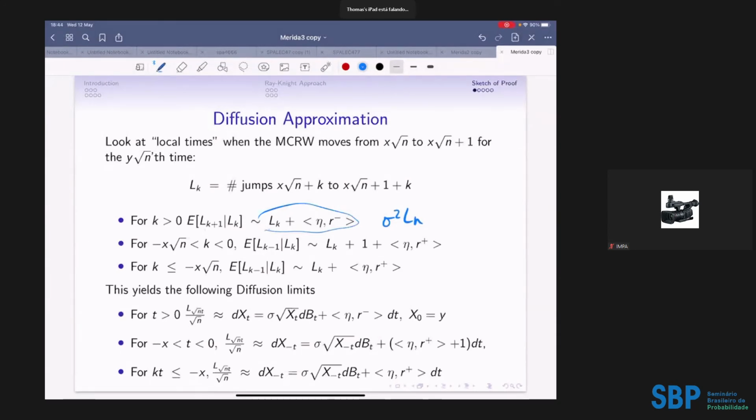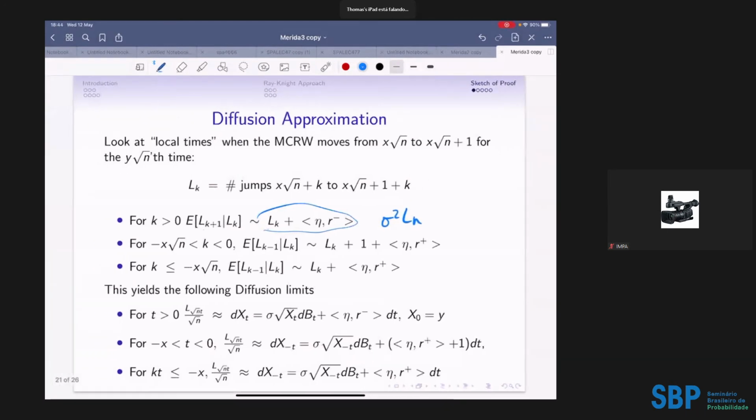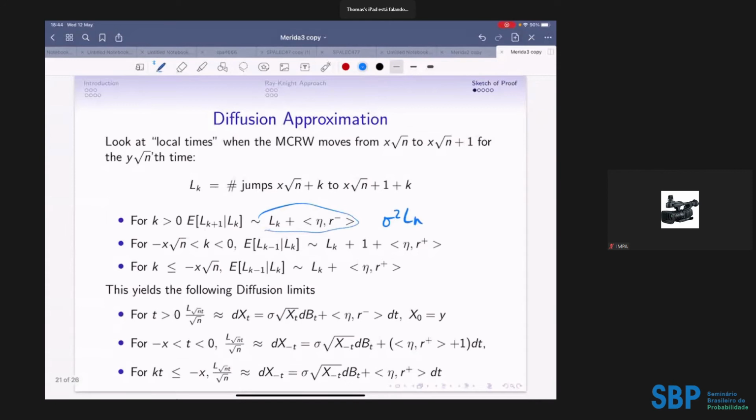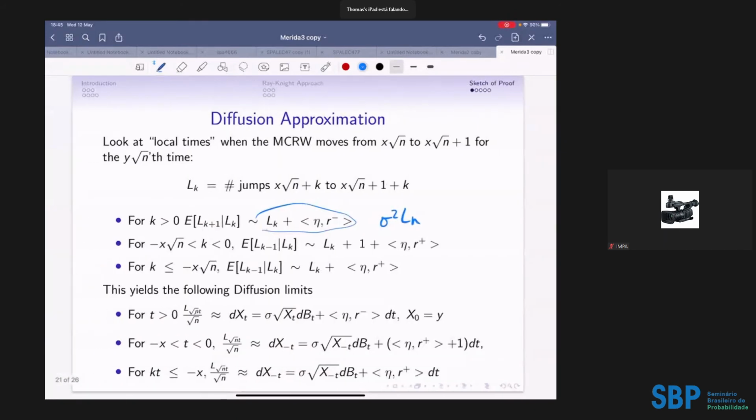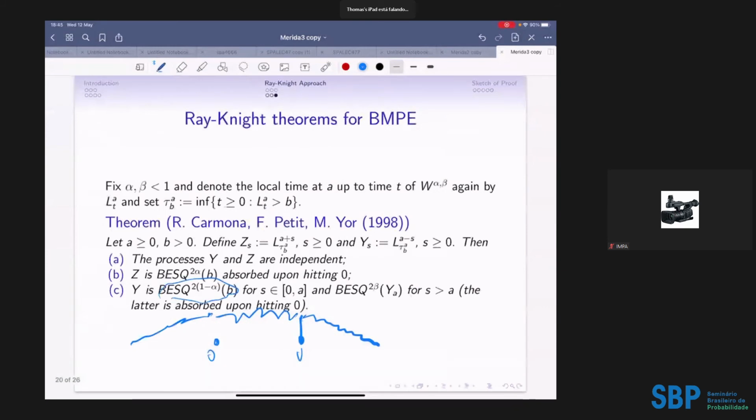So what's going to happen is, when you do this, the natural renormalization is by square root of n, but it's square root of n by time as well. So it's not diffusive because we're looking at squared Bessel processes. But what we are going to get in the limit is exactly this kind of behavior, the kind of behavior exhibited here.